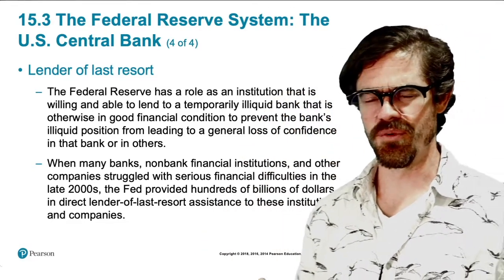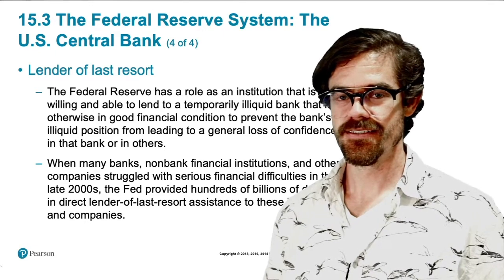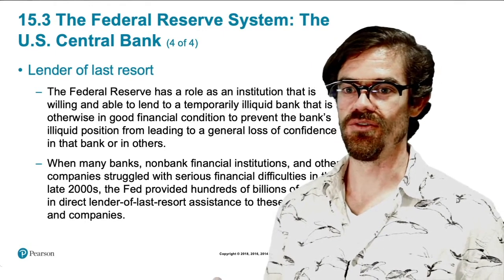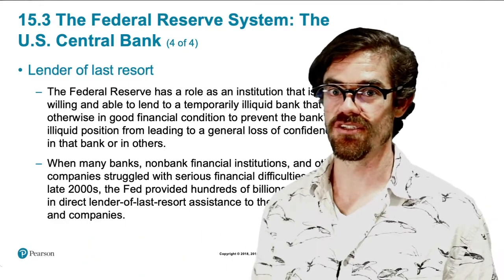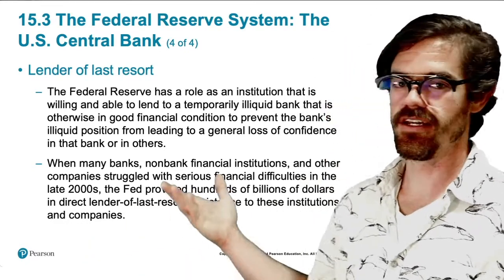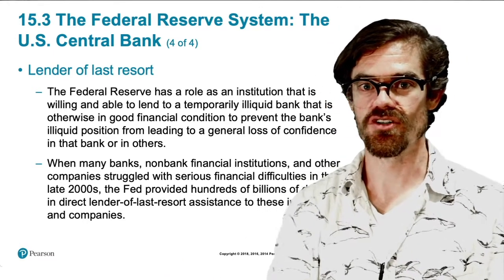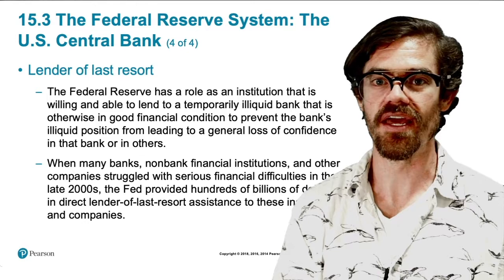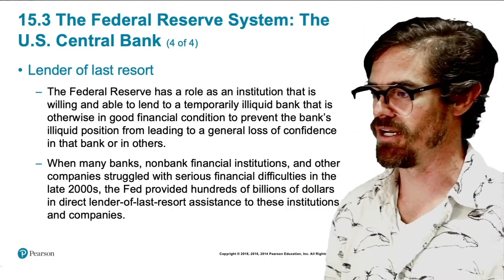Can you imagine if you went to the bank and they were like, oh, sorry, we don't have your money? That wouldn't be good, right? You would lose some confidence in that bank for sure, and then maybe in the banking system in general. So the Fed can alleviate this and provide emergency cash to banks so that they don't end up in the situation where you go to the bank and the bank doesn't have your money.